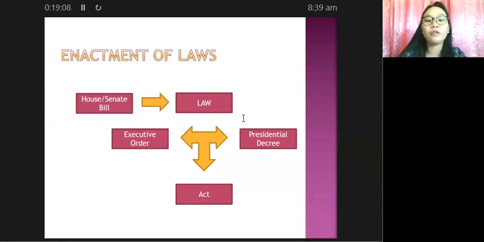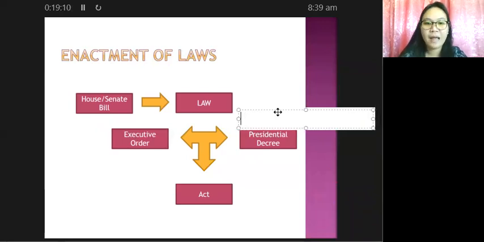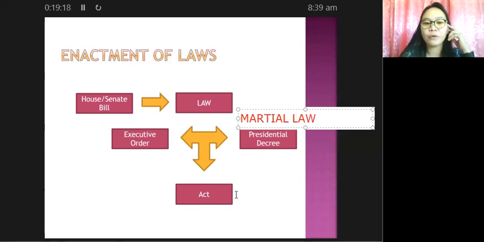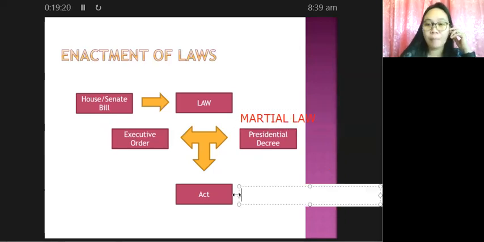Take note that presidential decrees are applicable if there is martial law, meaning all of them were enacted or promulgated during the martial law.